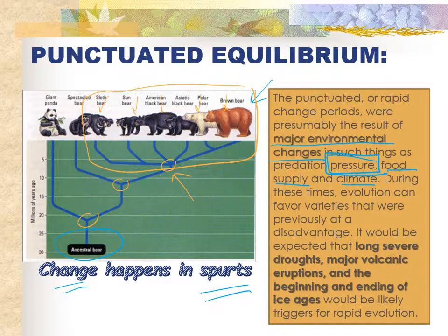So it might shift in a really short period of time what traits are favorable. So it would be expected that in these kinds of things, long severe droughts, major volcanic eruptions, the beginning and ending of ice ages, would probably trigger some of those rapid changes where you're not seeing an in-between stage. The species is just changing enough to create a new species within a relatively short period of time.